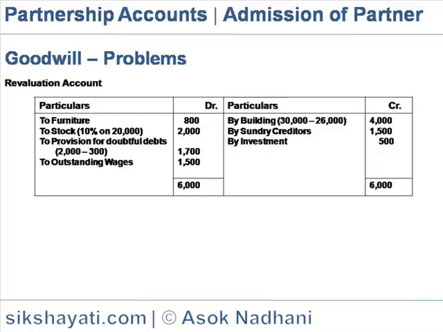The debit side would be furniture 800, stock 10% on 20,000, that is 2,000, and for doubtful debts 2,000 is required and 300 is already there, so 1,700 would be another provision for doubtful debts. Outstanding wages is to be provided 1,500.